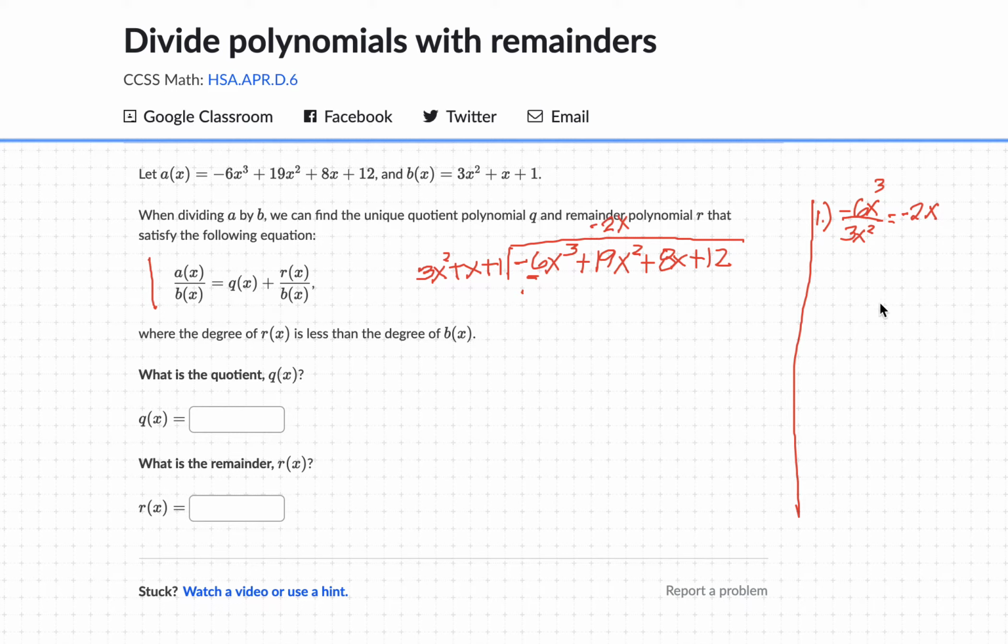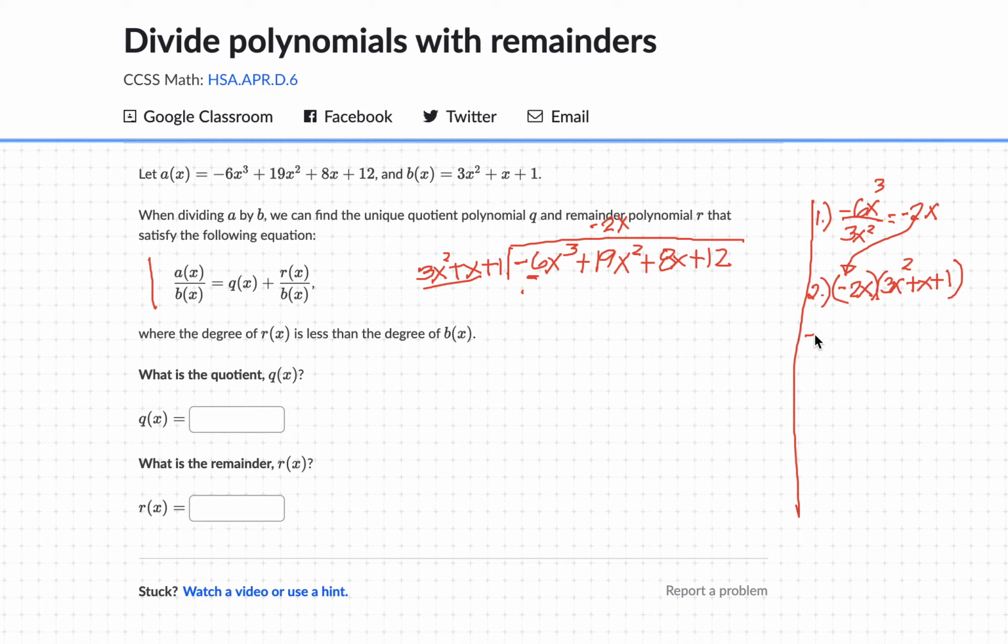So I'll have negative 2x. Okay, and that negative 2x, I will just multiply that to my divisor of 3x squared plus x plus 1. I don't have enough space on the side, so I'll just place my product right below here.